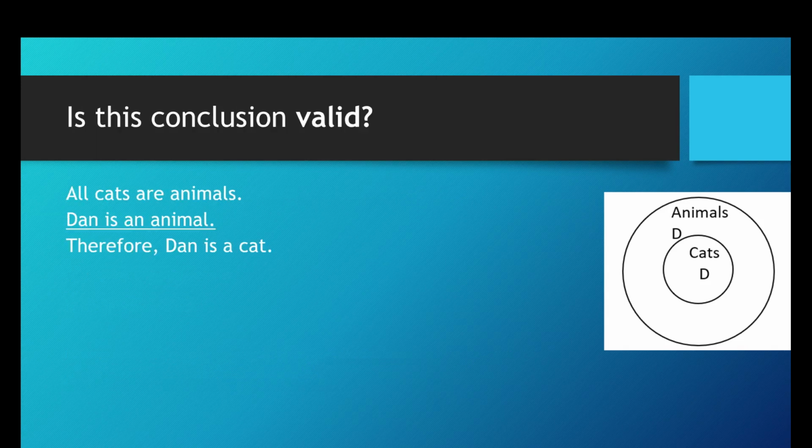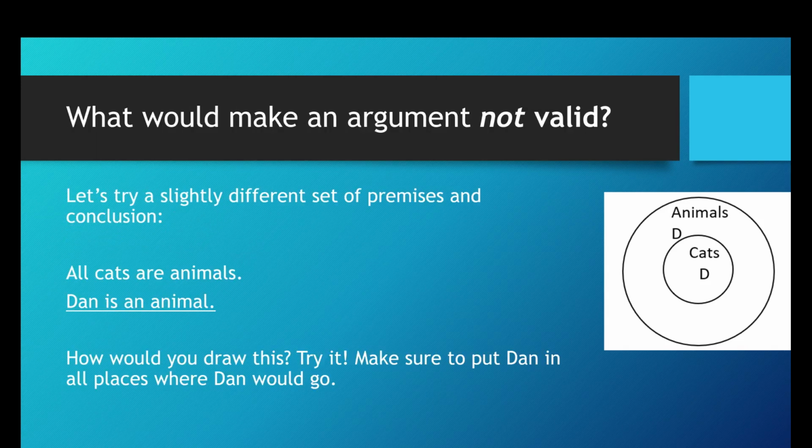So did you put Dan in two places? Dan has to be in two places because it says all cats are animals, so that means that Dan could be a cat that's an animal or an animal that's not a cat. Dan has to be written down in all the places inside of animals that there are, because it says Dan is an animal.